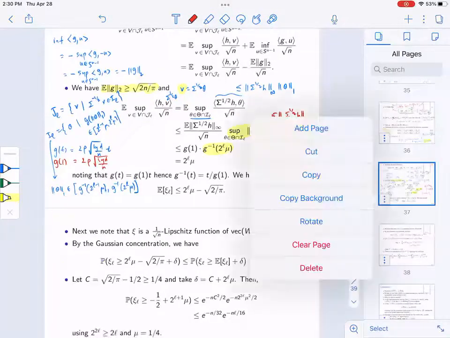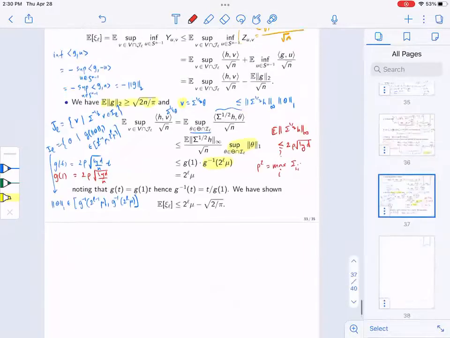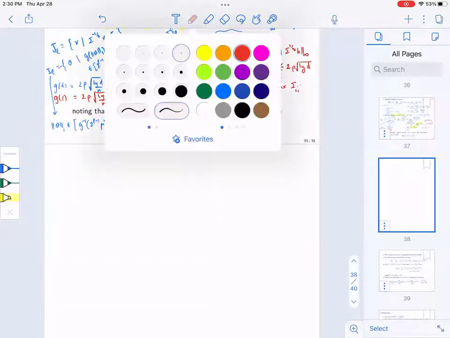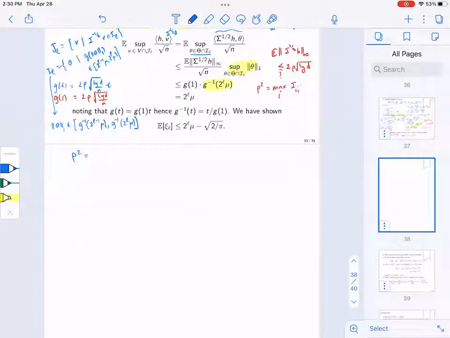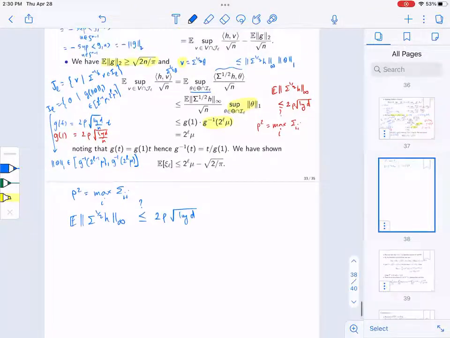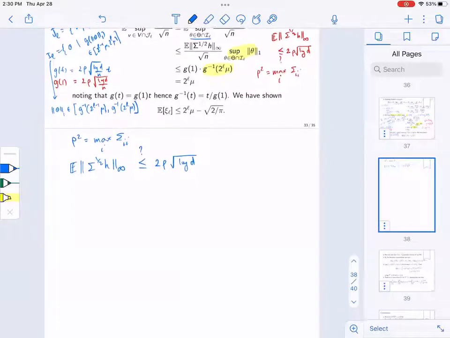Let's see if anyone can argue this. This is really the key step. So we have rho squared is the max, and then I have the expectation of sigma 1/2 h. I want to claim that this is 2 rho root log d. That's where we get the log d here. Instead of a high dimensional business, we have a log d, which is nice.